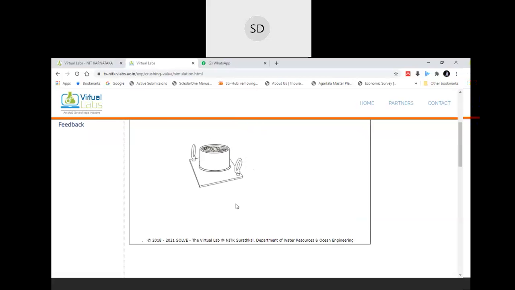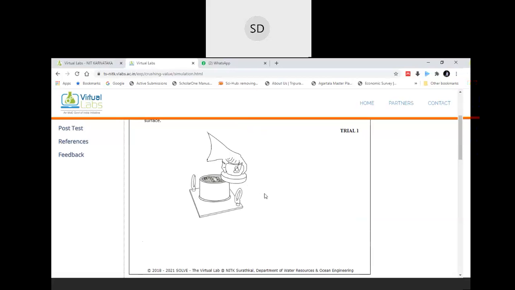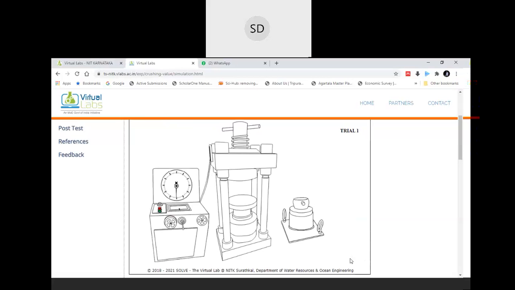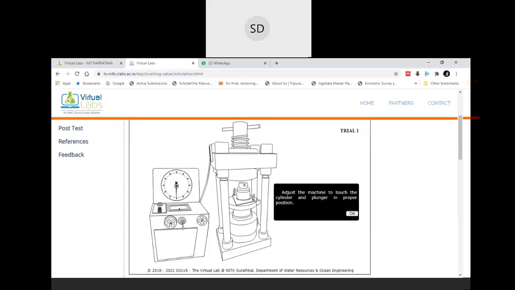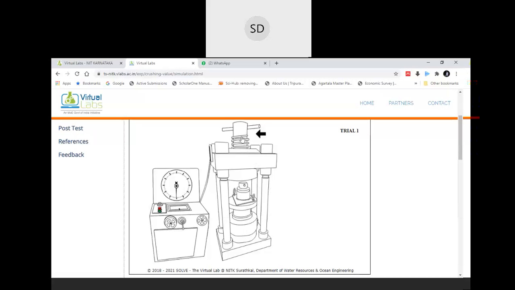Then place it over a plate. This is your load assembly or plunger through which the load will be applied. Then you place this in the apparatus. Now adjust this so that it touches there. This is how you adjust.